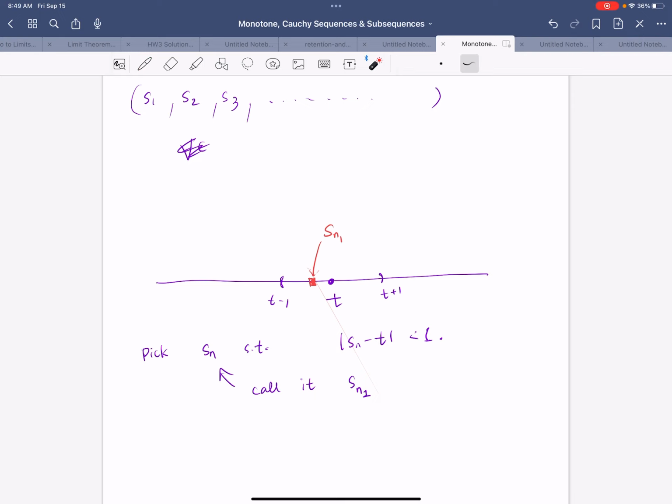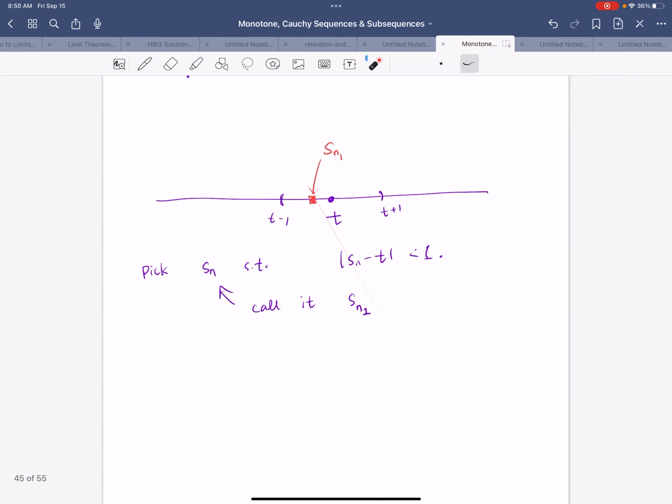Now, remember for every epsilon, the interval T minus epsilon to T plus epsilon has infinitely many indices in your sequence. So choose an epsilon that's small enough to not include Sn1, right?